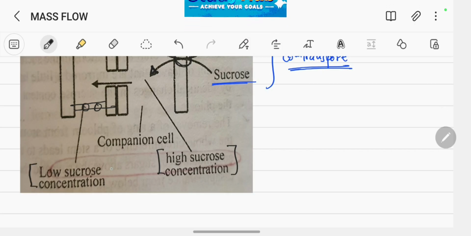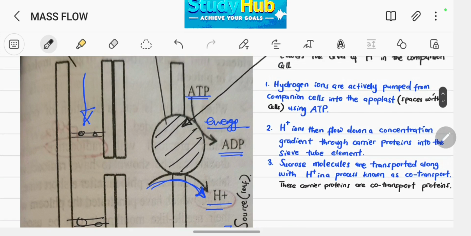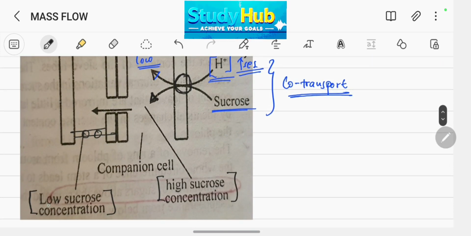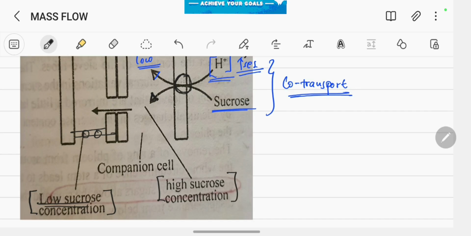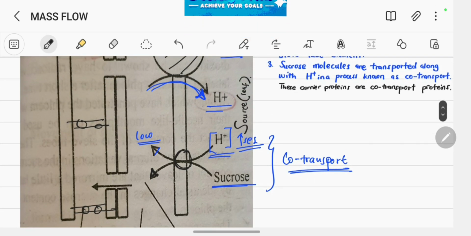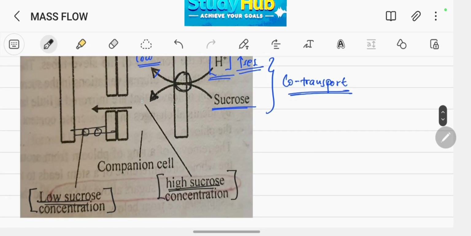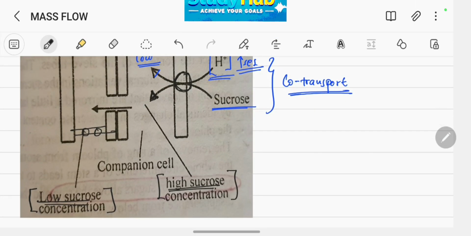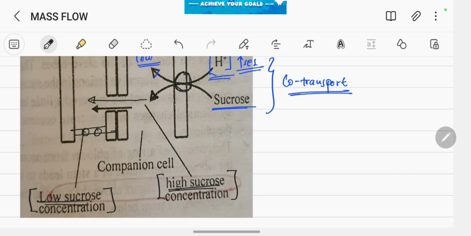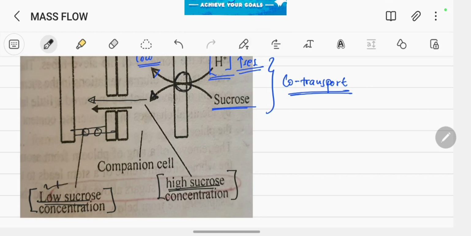Meanwhile, the concentration of this sucrose in the sieve tube cells or in the sieve tube is relatively low. So if we have a low concentration of sucrose this way and a high concentration within the companion cells, this sucrose is going to start moving from regions of high concentration to regions of low concentration.